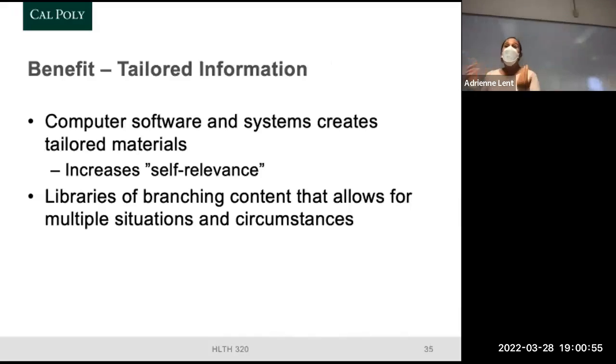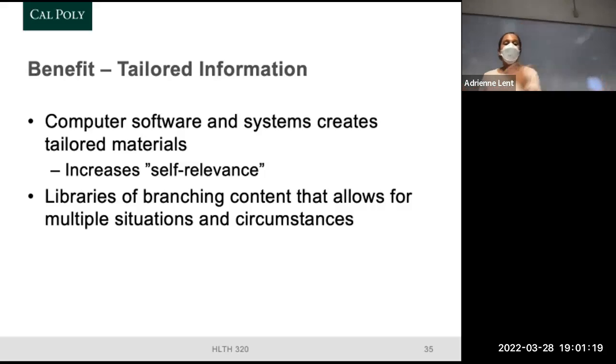We can also tailor information. And when we tailor information, and you're not just sending the same message out there to every single person, when you actually tailor that information, it's more likely to be read, comprehended, and remembered, producing behavior change, which at the end of the day, that's what we're trying to do, right?